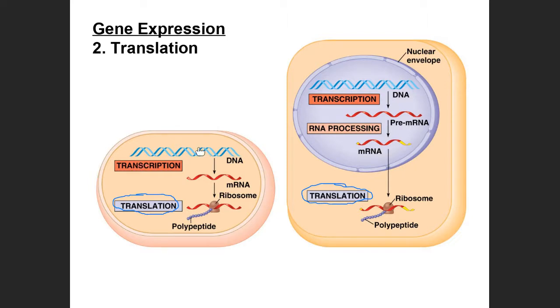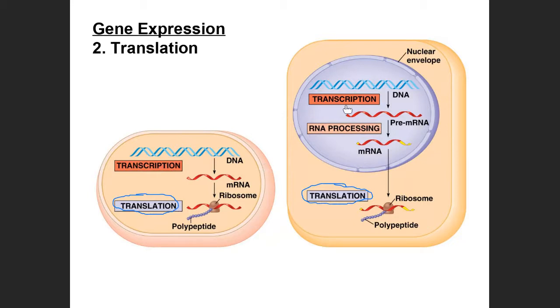One, because there are no membranous organelles, and two, even though gene expression in prokaryotes does begin with transcription, the RNA being synthesized by RNA polymerase in prokaryotes is mRNA. It's ready to be translated at the ribosome. So that's what allows these two steps to overlap: the lack of membranous organelles, and that the RNA synthesized is mRNA. But it still begins with transcription, okay? Then there's a point where they can overlap and it'll end with translation.